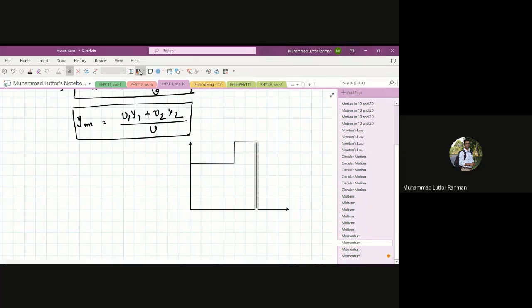So I have a case like that. It's a 2D. This is my x-axis, this is my y-axis. This chunk is M1, and this chunk is M2. They gave me this as 0.4, this as 0.8, this as 0.6 length, this as 0.2, and this is also 0.2. I have to find the center of mass of this system.